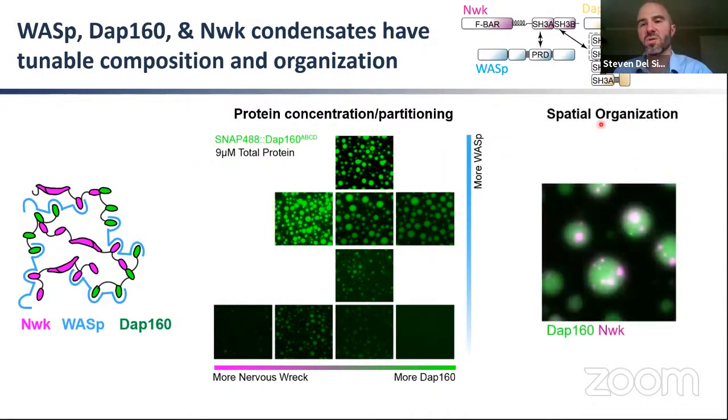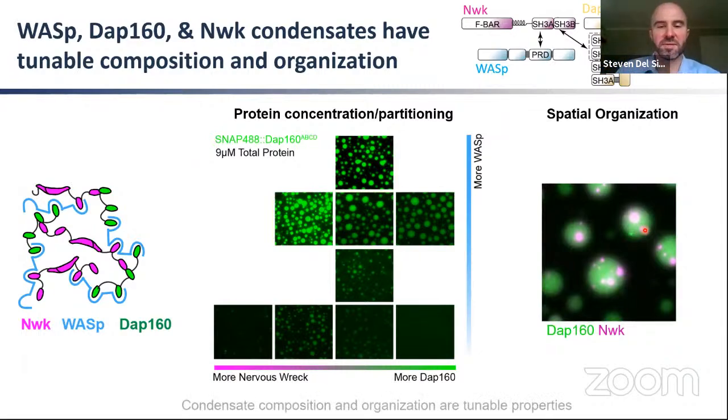And then we can also control the spatial organization. If we look at the droplets where there's both DAP160 and Nervous Wreck, we see that Nervous Wreck forms these much brighter, smaller internal puncta, suggesting that there can be some complex organizations.